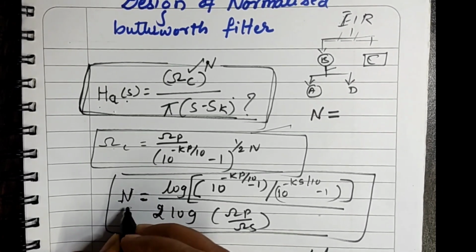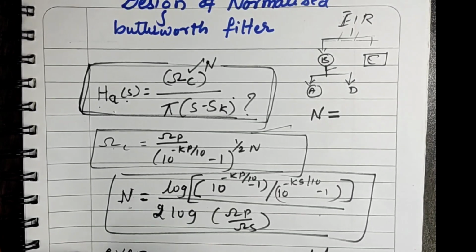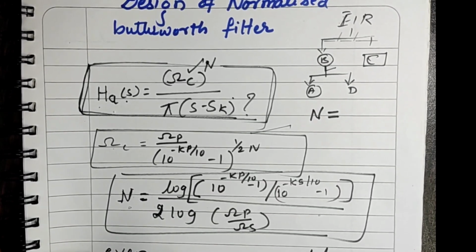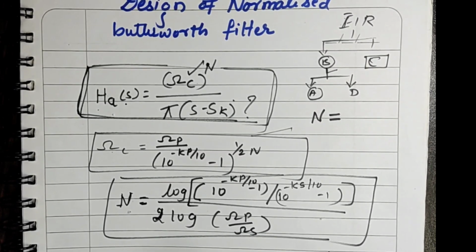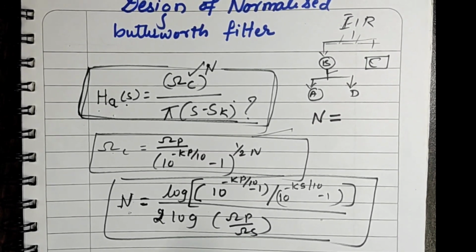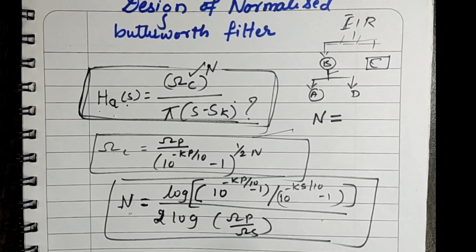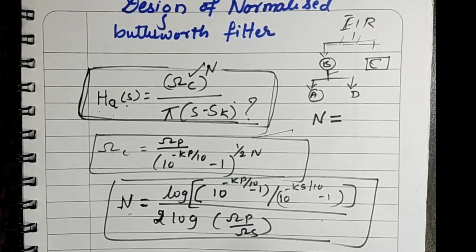If the order of the filter is even, then we use sk as the poles, calculated as 1 at an angle of pi by 2n plus k pi by n.